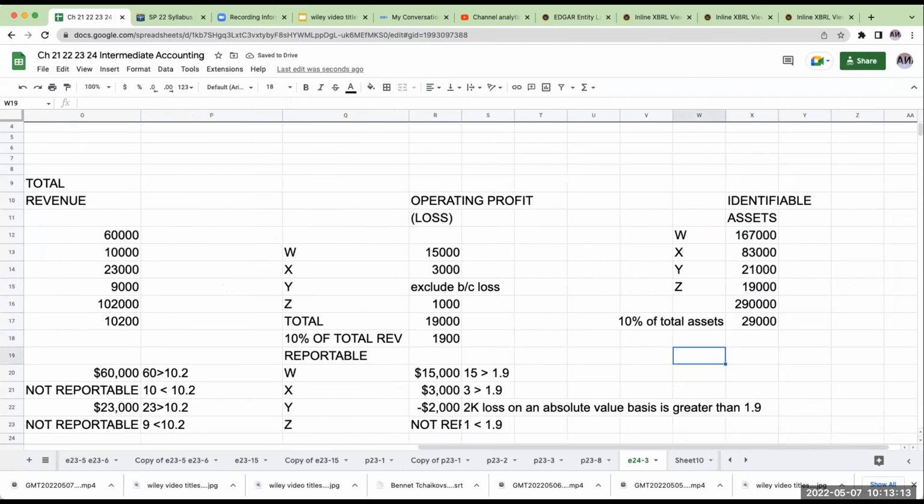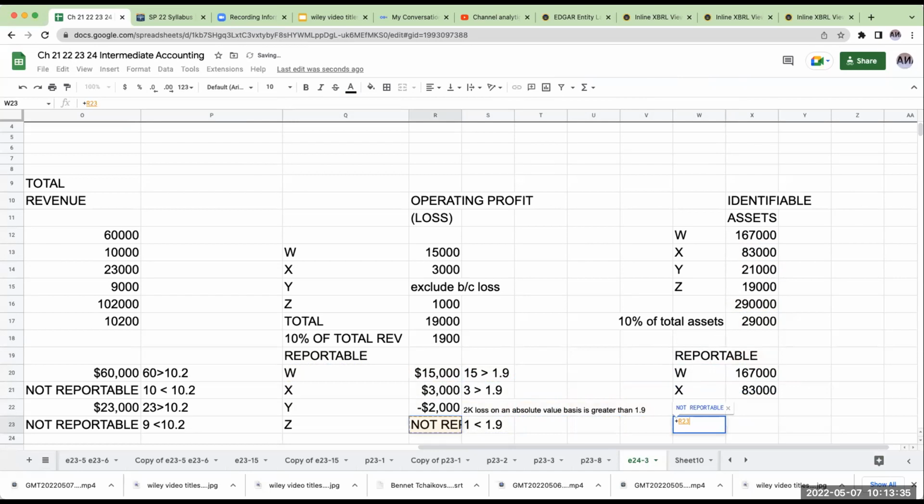So when it comes to something being reportable, W will be reportable at 167. X will be reportable at 83,000.